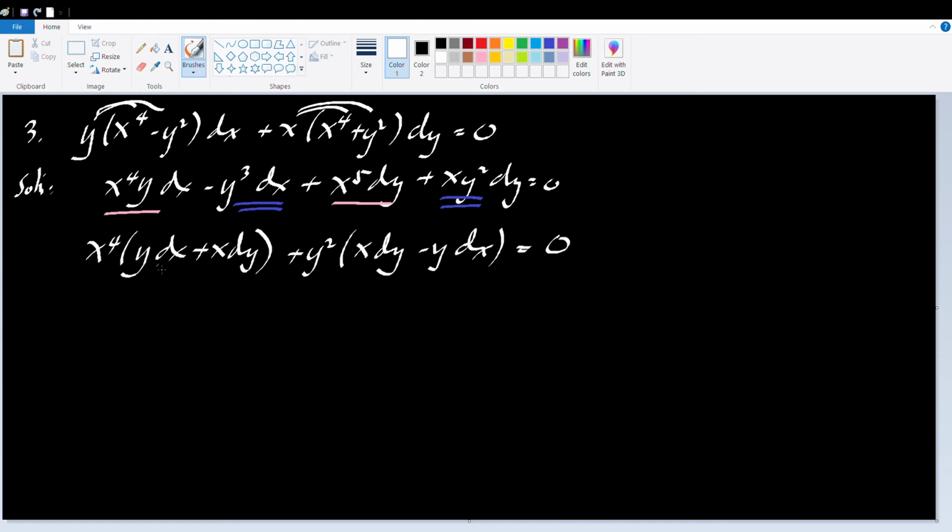Okay, for y dx plus x dy, we see that this is the exact differential of xy. While in here, x dy minus y dx, we need to have x squared in the denominator. What we will do is divide by x to the fourth.